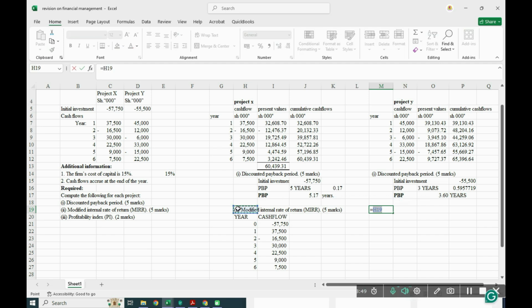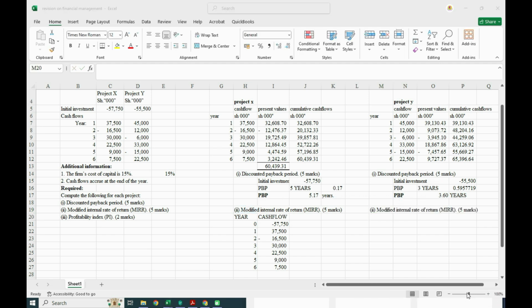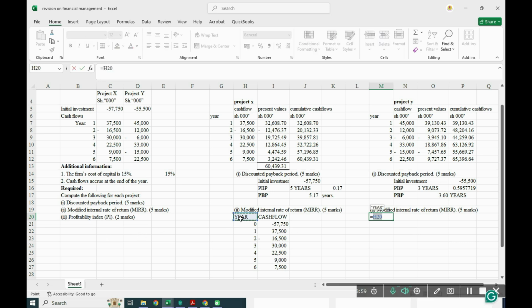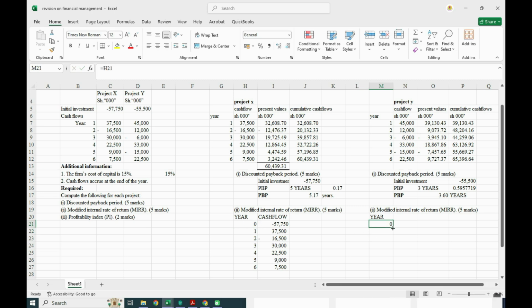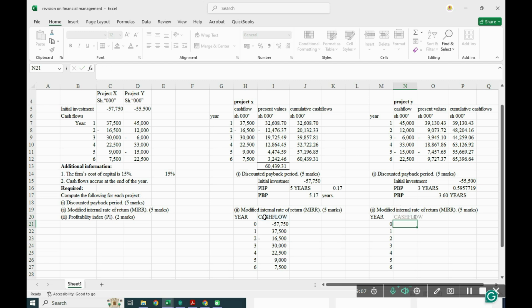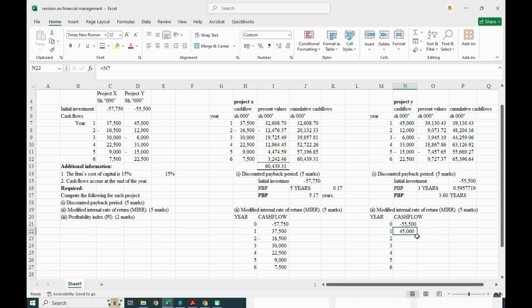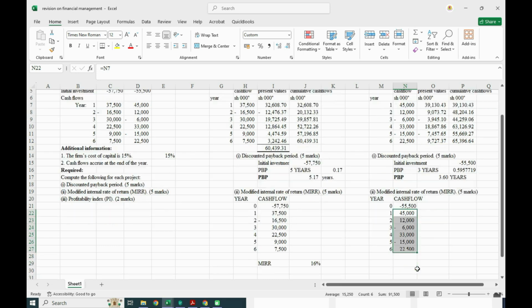So for the modified internal rate of return, still we shall have the years here, and our year starts from 0. I drag this to year 6, and I'll have my cash flow, starting from the initial one here and this other one, and I drag this that way.